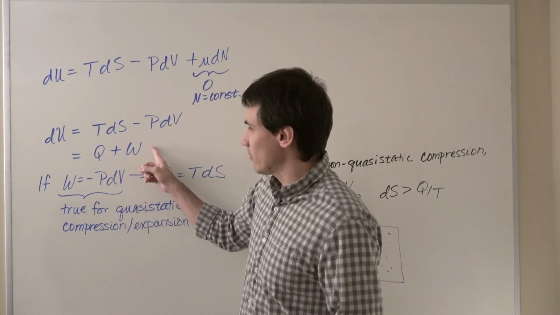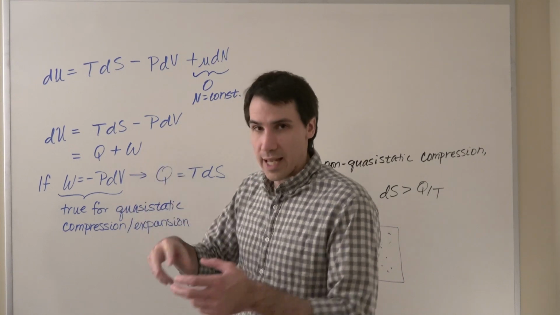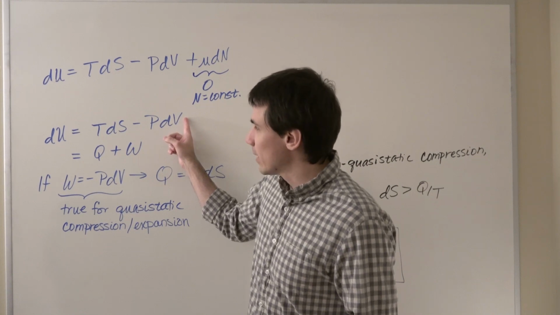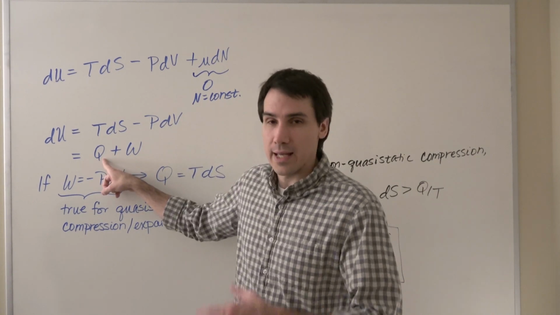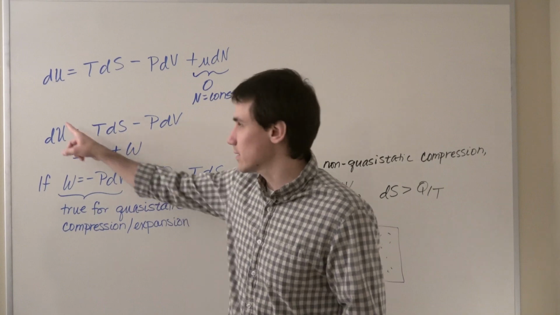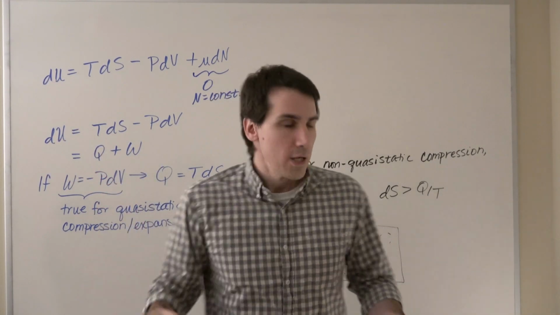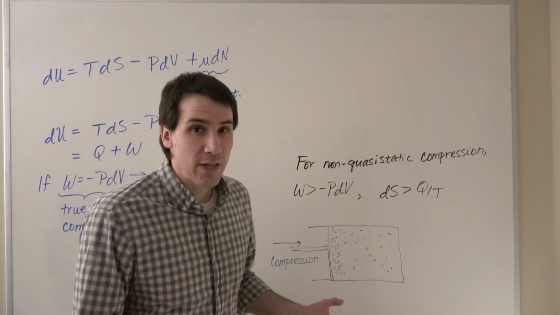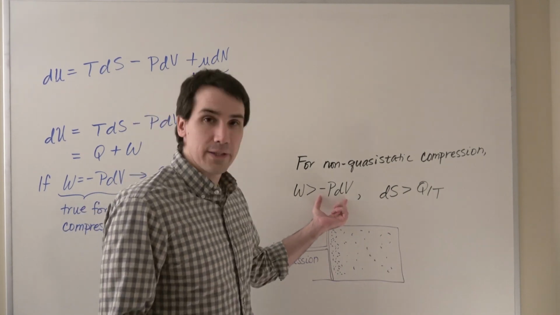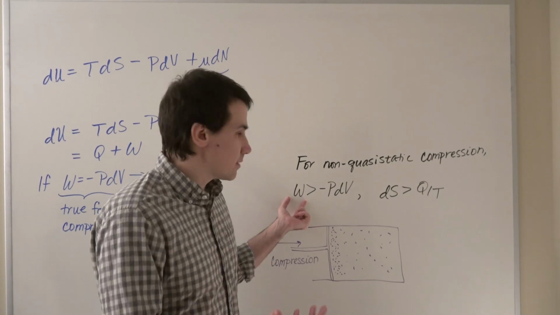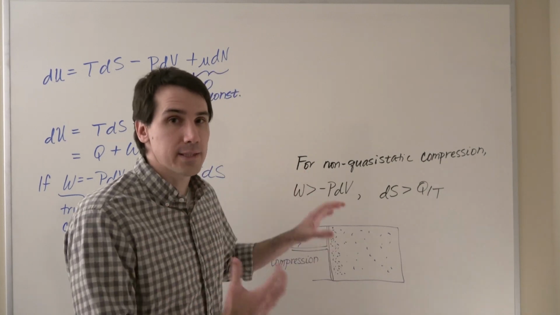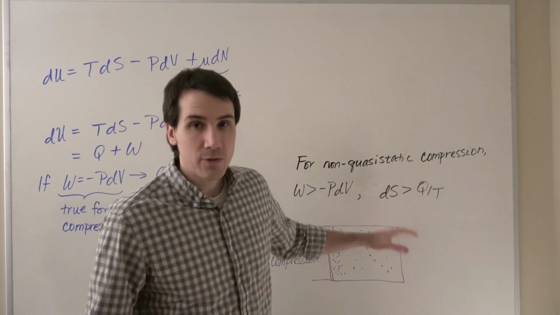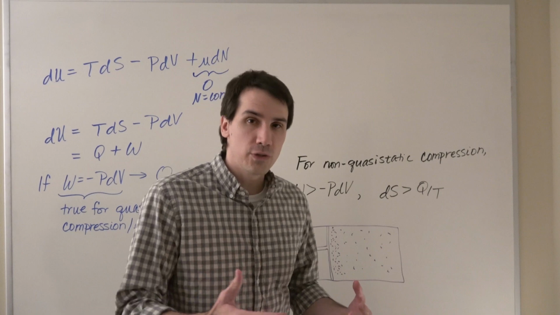And again, work would be a less negative value than negative PdV. And so Q would have to be a smaller value than TdS in order for them to equal the same thing. So this equation holds whether you're doing expansion or compression. It's slightly easier to think about with compression because you have a positive value here, and this is also positive. But in either case, expansion or compression, if you're not quasi-static, your entropy is going to be larger than Q over T.